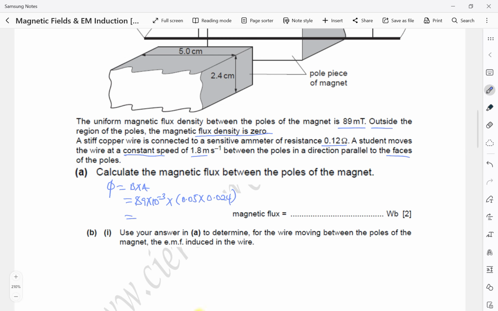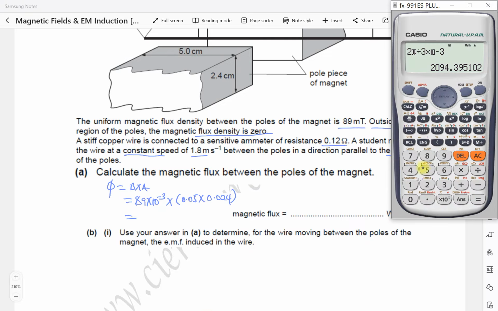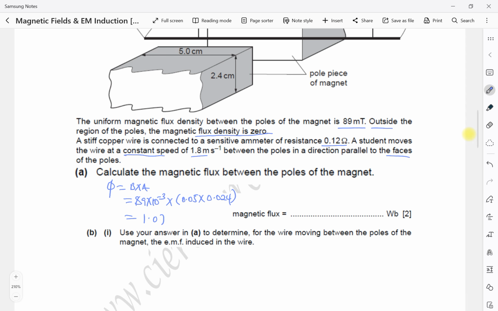That is the area. So from our calculator, we have 89 exponent minus 3 times 0.05 times 0.024. So that is 1.07 times 10 to the power of minus 4. Because flux is in Weber, that is 1.07 times 10 to the power of minus 4.